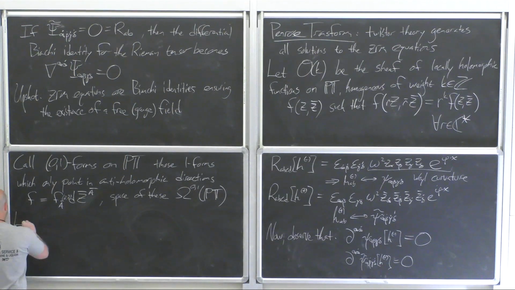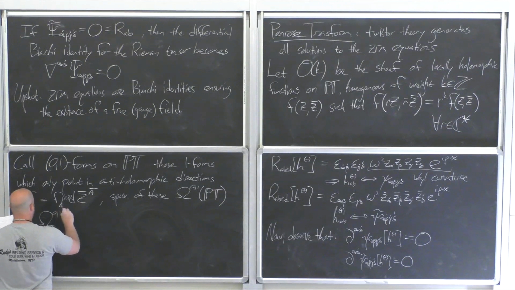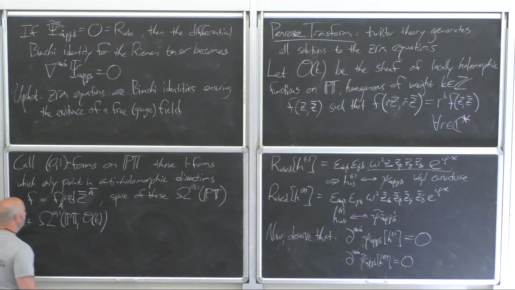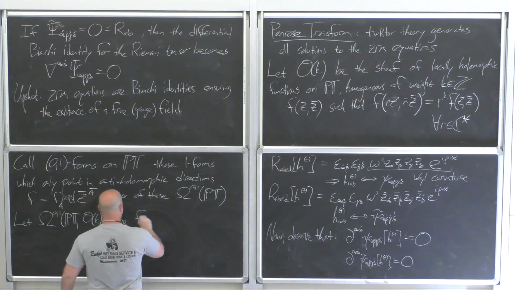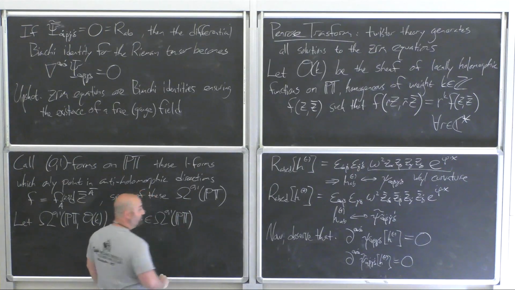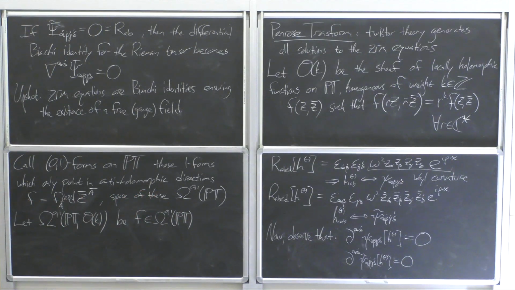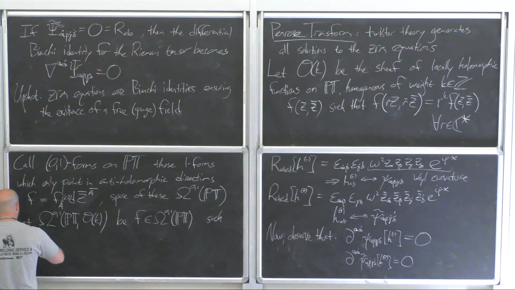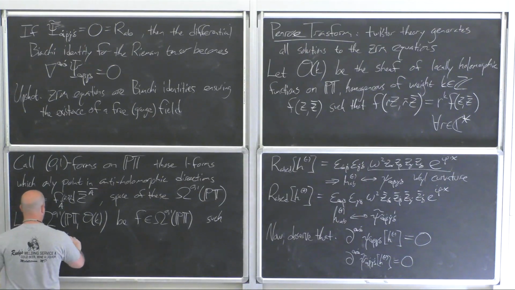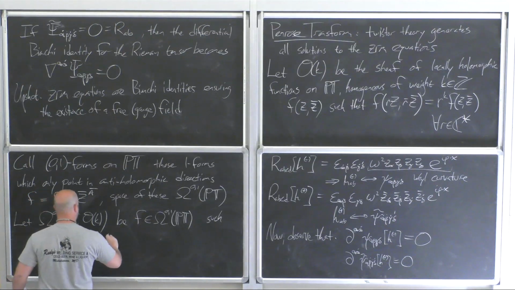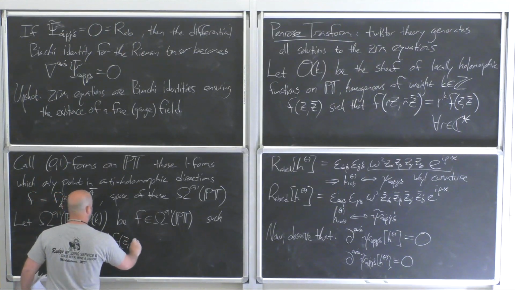So let omega 0,1 PT of k be 0,1 forms on twistor space, so 1 forms whose form component points in an anti-holomorphic direction, such that f of rZ, r bar Z bar is r to the k f of Z, Z bar.